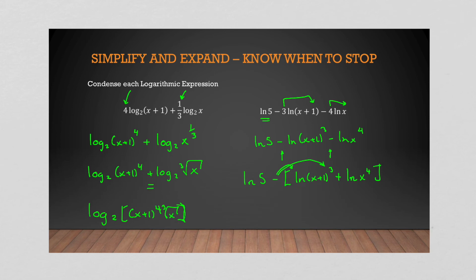And it just makes the division piece easier at the end. Because now inside the brackets, you do that product rule first. So now this becomes the natural log of x plus 1 cubed times x to the 4. And you do that because you're now adding in there, but then you're subtracting that whole thing. So now you get the natural log of 5 over x to the 4 times x plus 1 cubed.